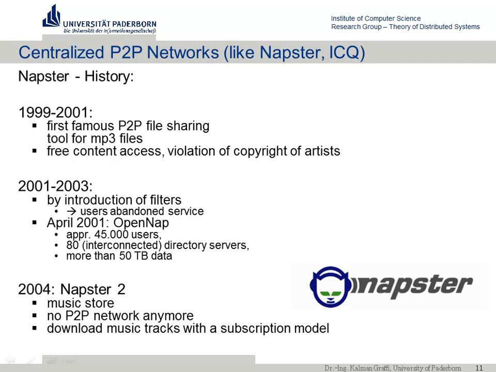Napster was one of the first really famous peer-to-peer file sharing systems. I think it's also said to be the first at all. The nice thing it offered in 1999 is that you could really download MP3 files for free, and that was a time when MP3 was just basically discovered and freely usable. But then they had some problems with the media.